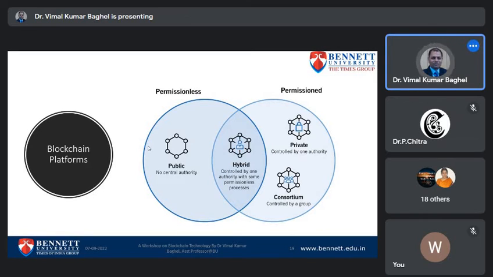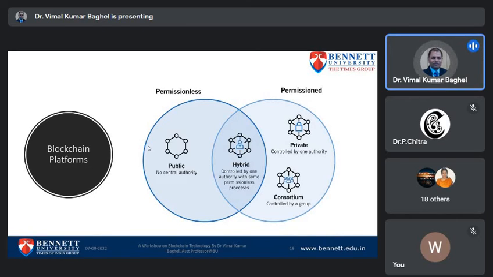But since many organizations want to have some control at least inside the blockchain, for that purpose there is control by one authority inside the blockchain. For example, for authentication purposes, they provide permission for all the peers to become part of that blockchain.